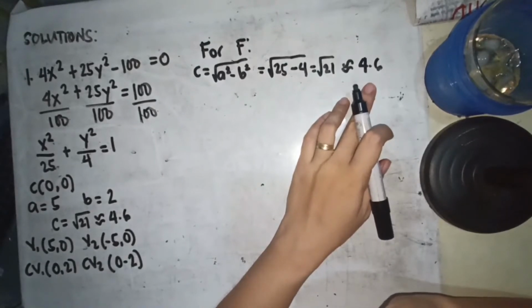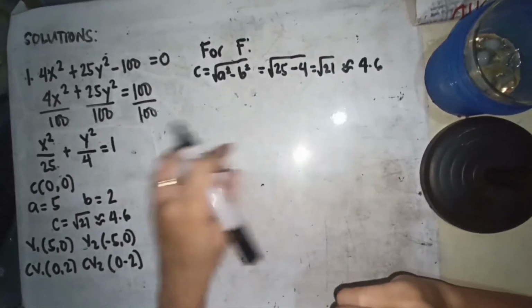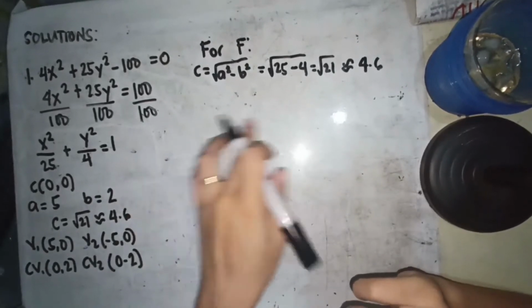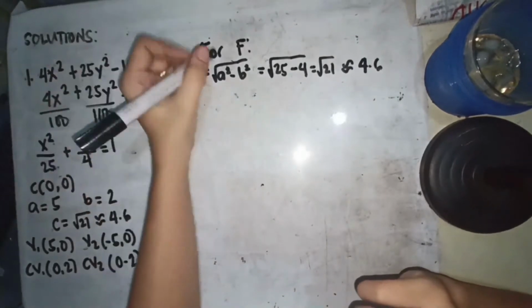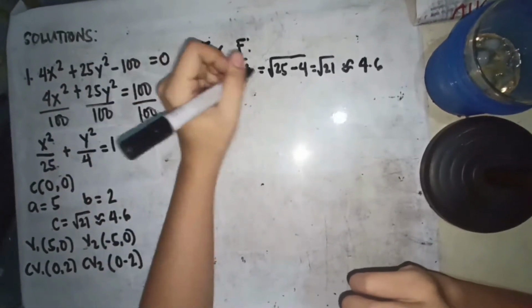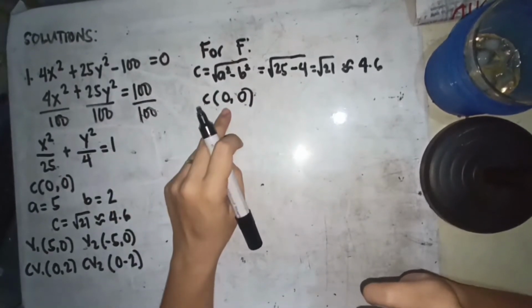So again, our ellipse is a horizontal ellipse. Therefore, the foci will also be horizontal ang ilang alignment. So since alignment nila is horizontal, therefore for our center, which is located at 0 and 0, ang x coordinates ang ato ang adan og minusan og 4.6.